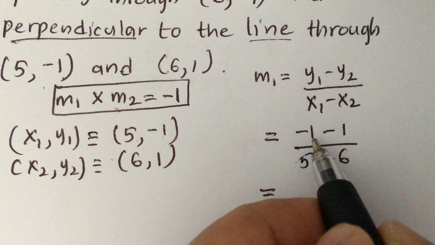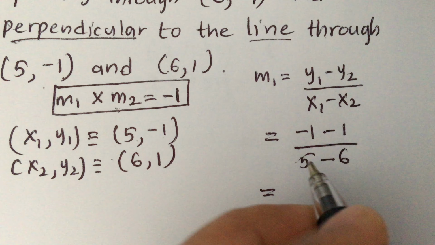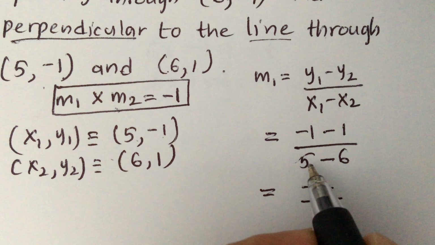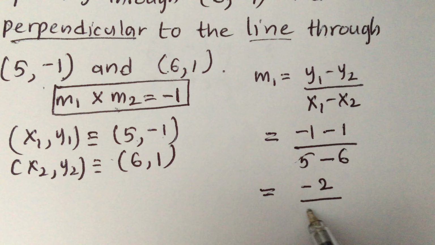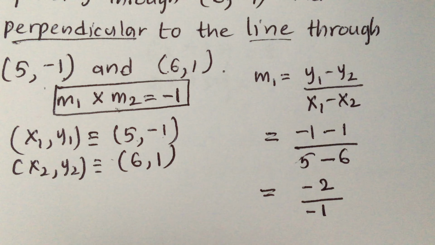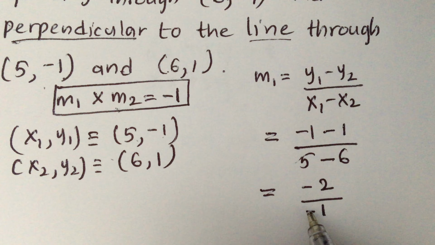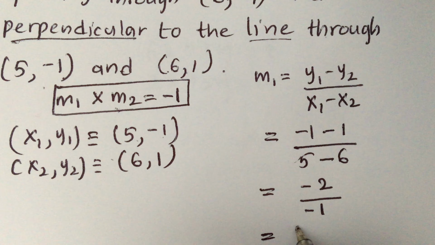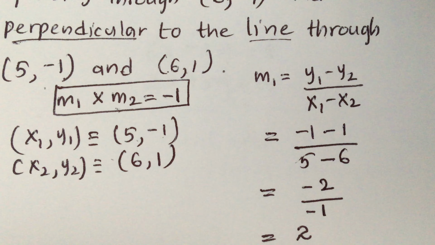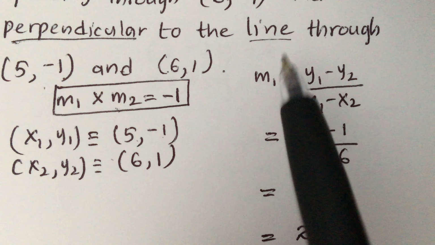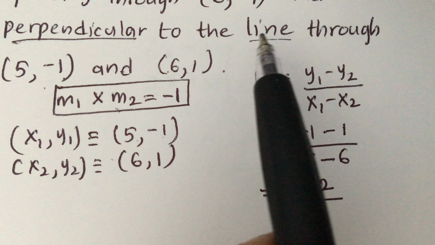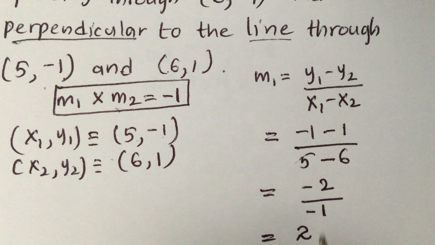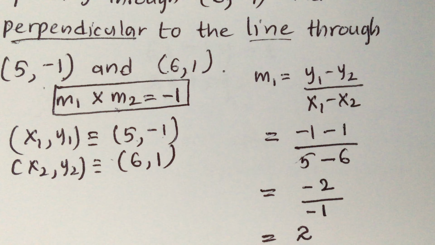Here in the numerator you have -1 and -1, which is -2, divided by 5 minus 6, which gives you -1, right? A negative number divided by another negative number gives you a positive number, which is positive 2. So the slope of the line through these two coordinates is 2, right?